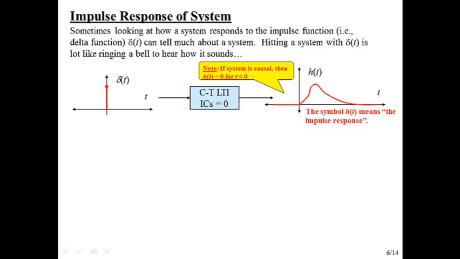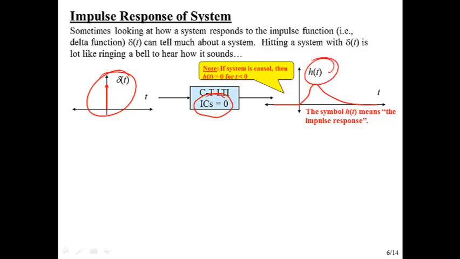Just like we had for discrete time, we will introduce this concept of impulse response. I think we may have talked about this before, but the basic idea is that you put in a delta function. Remember, this thing is infinitesimally narrow and infinitely high. We put it into our continuous time LTI system with 0 initial conditions, and we get something that comes out.